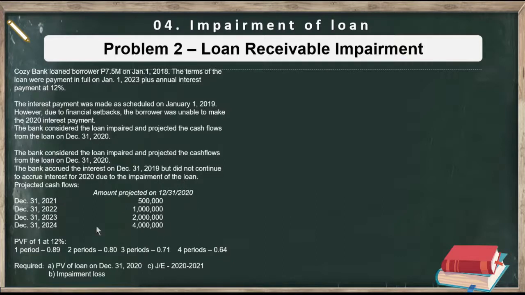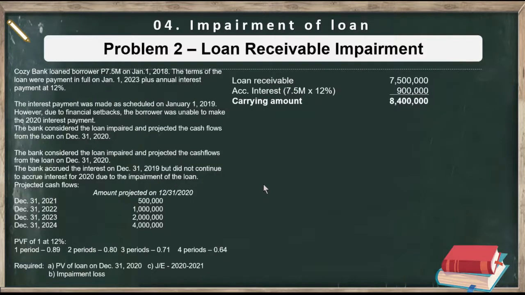So we have the following projected amounts to be collected for 2021 until 2024. And then we have the present value factors, and then the questions: present value of the loan on December 31, 2020, the impairment loss, and then journal entries from 2020 until 2021, and 2022 too.